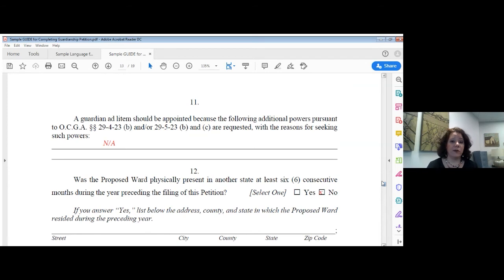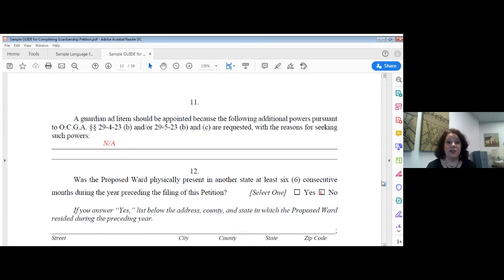Now, even if your child were saying, I don't need a guardian, I'm fine, I can do all this on my own, if there's validity in that, then that's what your child's attorney is going to argue. If there is not validity in that, if it's just your child's opinion, but it's not reality, then the court-appointed attorney's job is going to be to say, Your Honor, my client feels that he does not need a guardian.